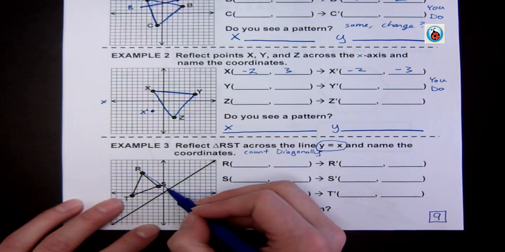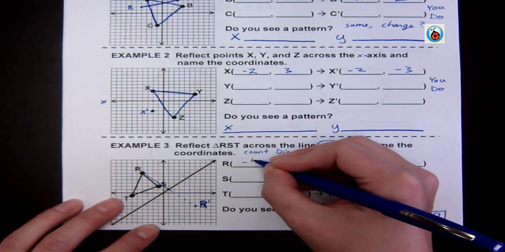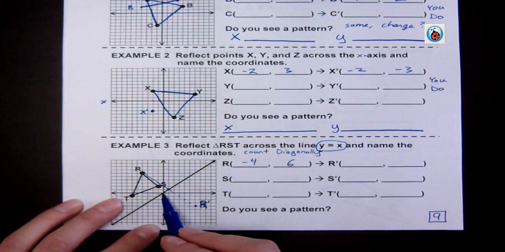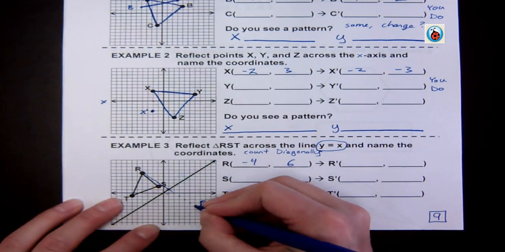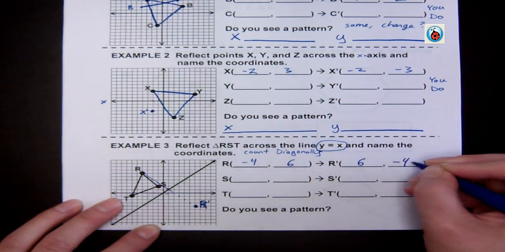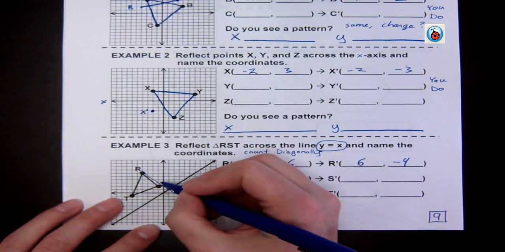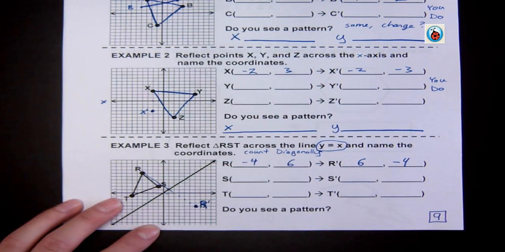And if I look at those coordinates, so R was -4, 6, and then if I count this time it is 6, -4. And so there's a really easy pattern there to follow if the counting diagonally confuses you.